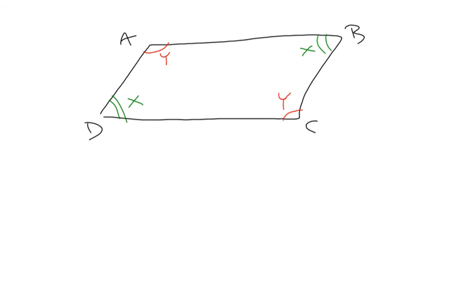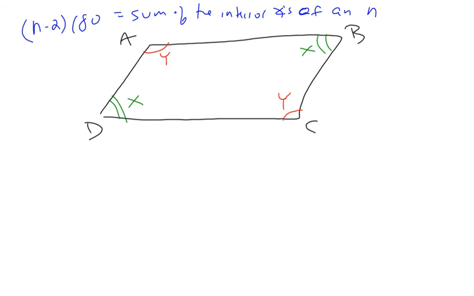Now, I know that there is a polygon angle sum theorem that says the sum of the interior angles of any polygon can be derived by using the formula n minus 2 times 180. This gives me the sum of the interior angles of an n-gon, meaning n can be any number of sides.